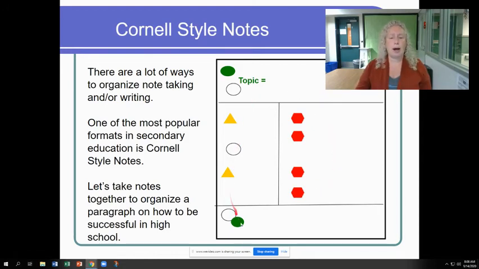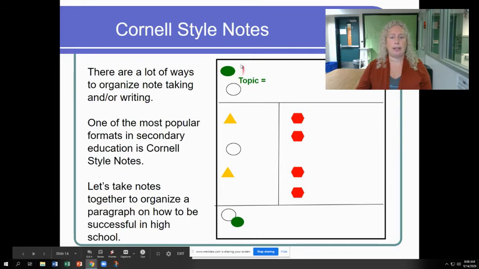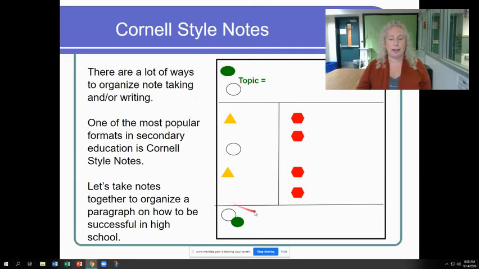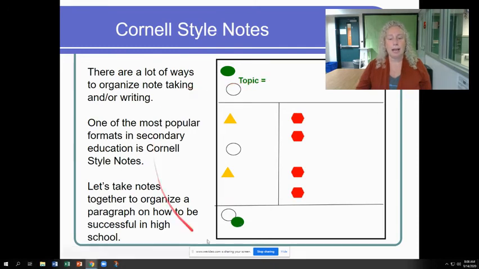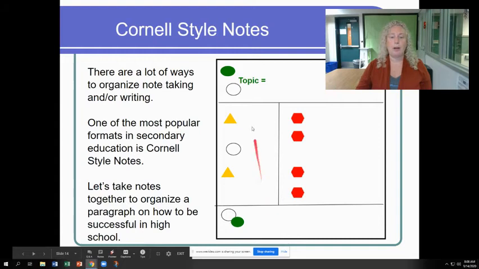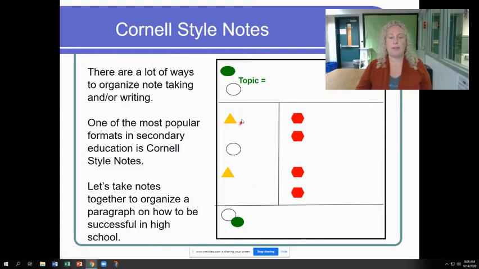At the top and the bottom, you can see I've color-coded those green. A green circle means go, like a green traffic light circle, right? Green means go. And I put my topic at the top here and my conclusion at the bottom here. In the left column, you can see I have yellow triangles, which represent caution, slow down in the traffic world, and also represent that I need to have at least 2 key ideas to support this topic.